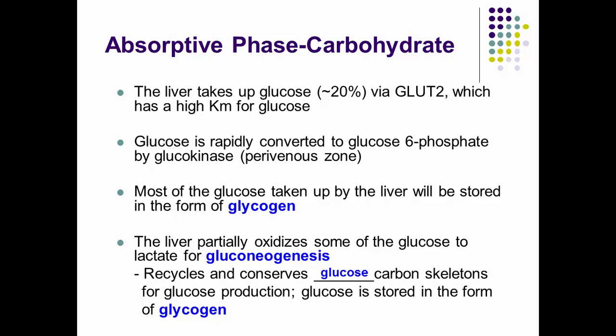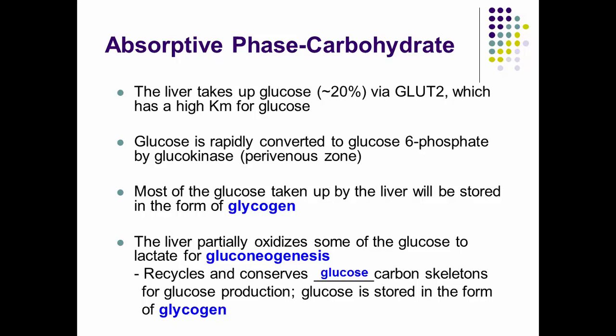So let's see, maybe talk one more slide. Once the glucose is absorbed into the body, the liver takes up 20% of the absorbed dietary glucose by the glucose transporter GLUT2. And the majority of the glucose in the liver actually goes to the glycogen synthesis pathway in the fed condition.